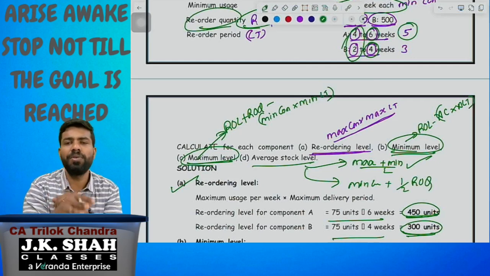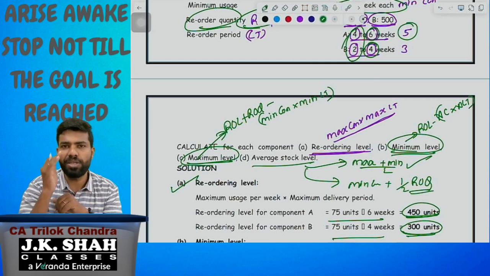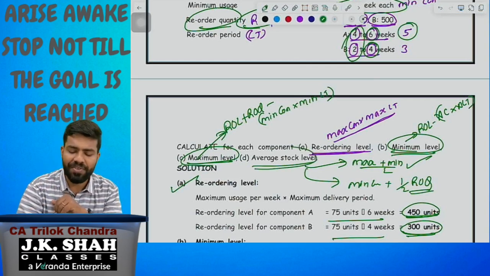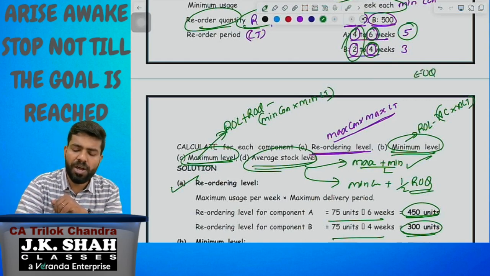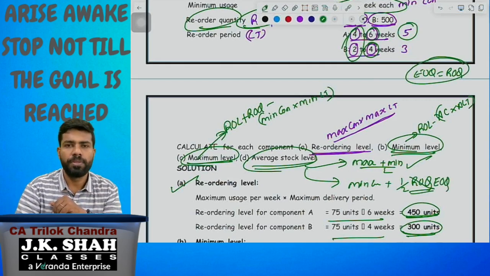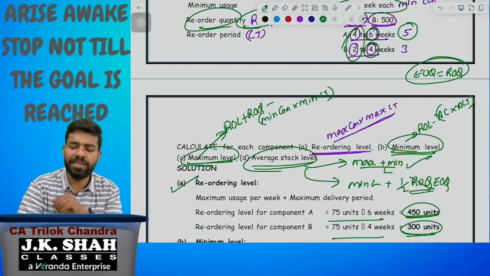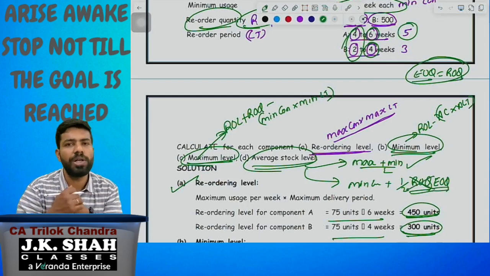If you had calculated EOQ, that is what I'm telling you: always the formula is ROQ. The actual formula to calculate the average stock level is minimum level plus half ROQ. If EOQ equals ROQ, then in place of ROQ we can use the EOQ also.